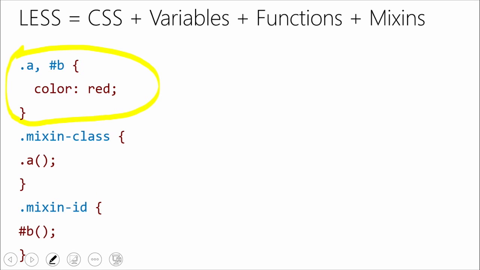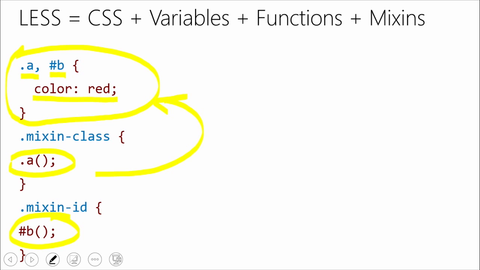So we've defined a class and an ID, the class of A and an ID of B, and for both of those we've set the color to red. And now I can say I would like to call a mix-in class. So I'm creating a new class, and in here I'm saying just call A. And so that's going to bring in A. So whenever I use .mixin class, it's going to go up here and it's going to get that and it's going to say use color red. And the same here, I can do that.